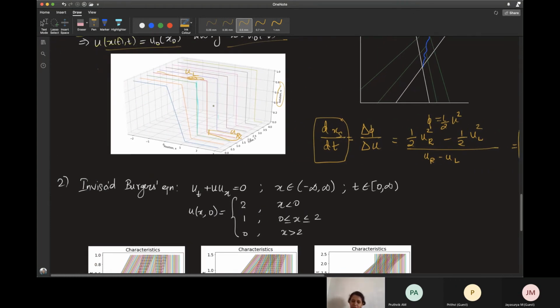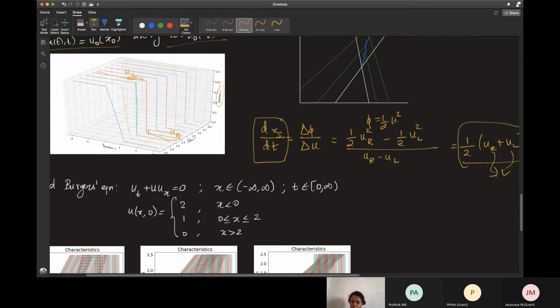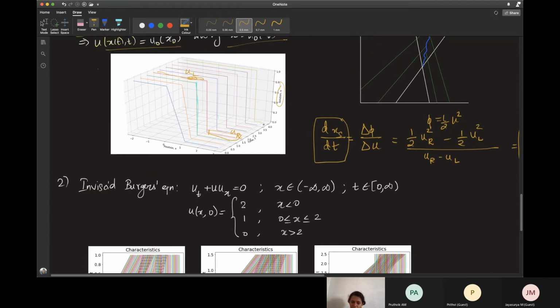Now that we know the speed of the shock, and we know the time at which we are going to find the solution, using this time and speed we'll be able to find the position of the shock. So that is how we have found this position.